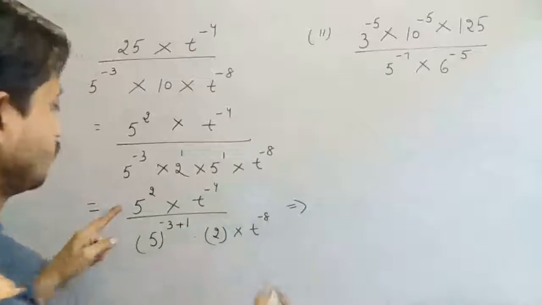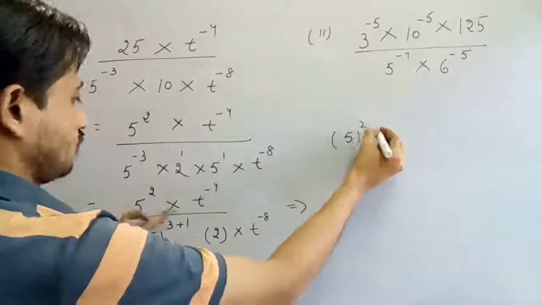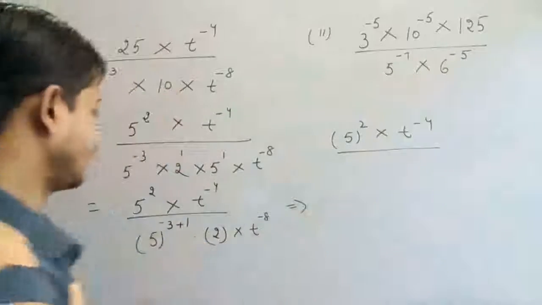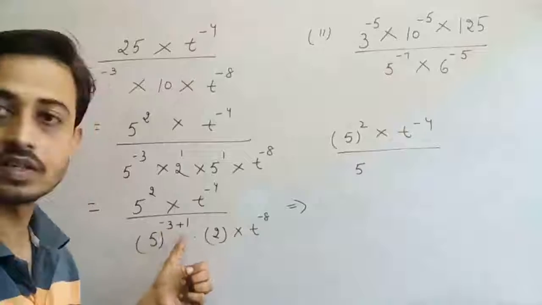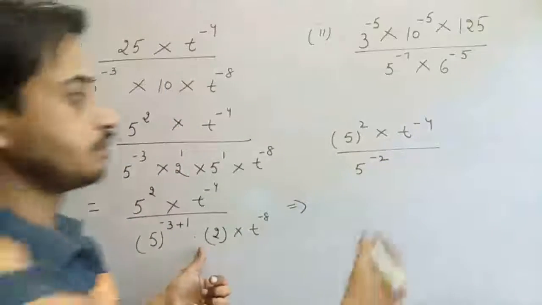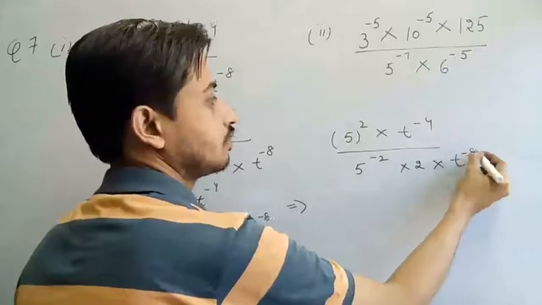Now to further solve, 5 raised to the power 2 multiply t raised to the power minus 4 divide 5 raised to the power minus 3 plus 1, that is minus 2, multiply 2 multiply t raised to the power minus 8.